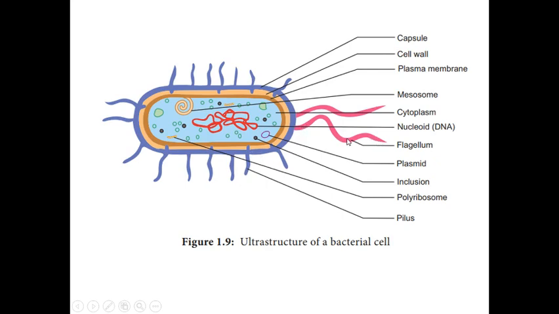Flagellum is nothing but the locomotory organ of bacteria, but not every bacterium has flagella. Some bacteria have flagella and use that structure as a locomotory organ, so bacteria can move from one location to another in a liquid medium.